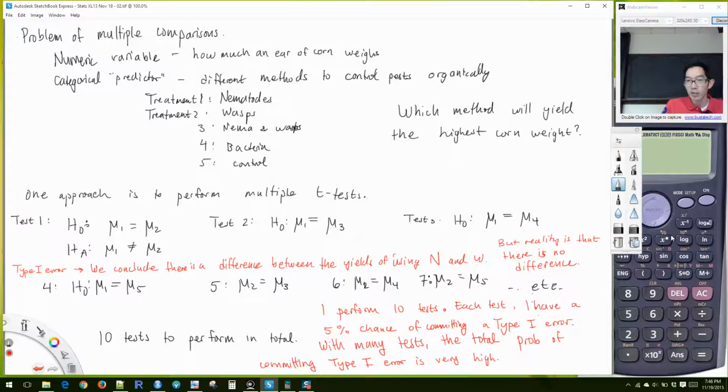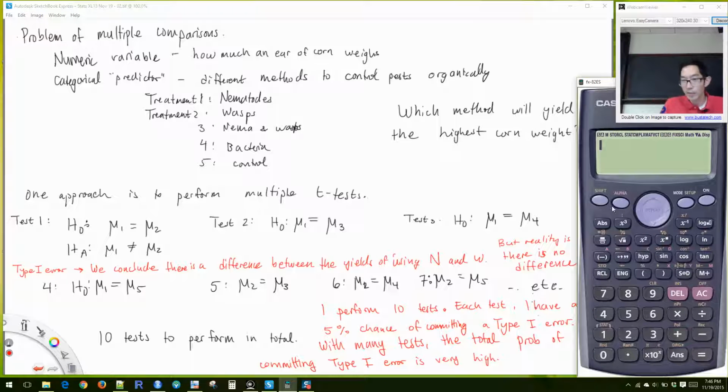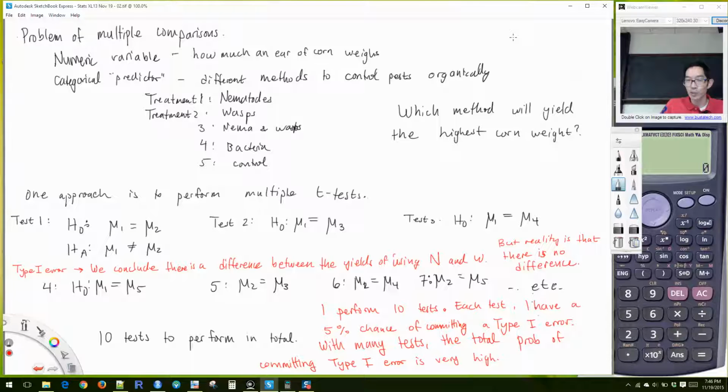Okay, these tests are not exactly independent of each other just because you're using the same data, so you can't just multiply 0.95 raised to the 10. But I hope you guys see that there's a high risk of type 1 error here.